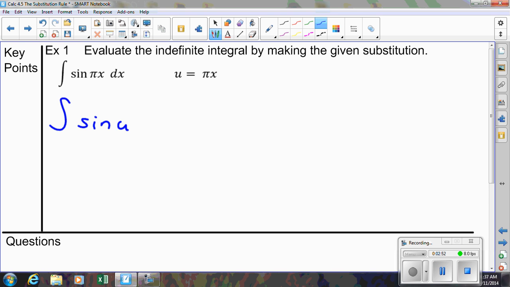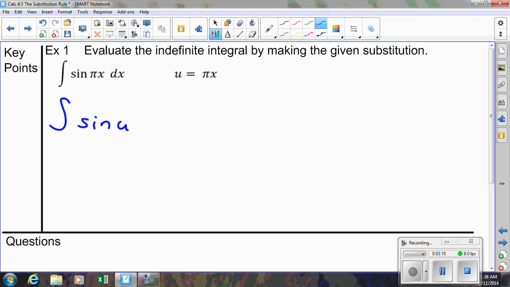But here's the problem. This dx is still talking about the change in x. Our variable here is needed for the change in u. We need to change dx into a form so that it says du instead. This is where implicit differentiation and our differentials come into play.